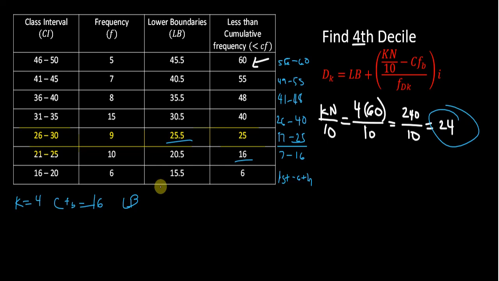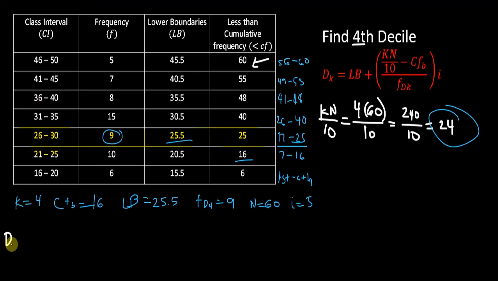That is 25.5. The next, yung frequency of 4th decile. Ito yon. That is 9. And yung N natin, 60. Then, I, yung class interval, 5. Hindi nagbabago yan. Okay, so substitute lang natin.